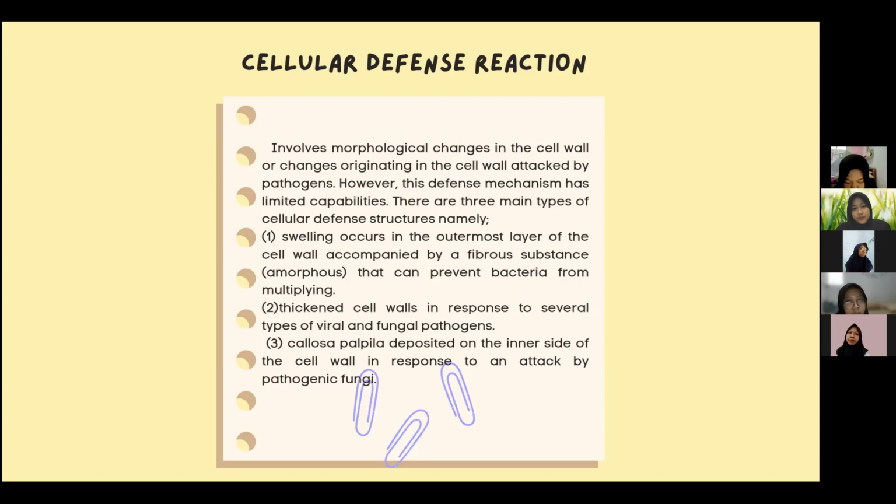Swelling occurs in the outermost layer of the cell wall, accompanied by a fibrous or amorphous substance that can prevent bacteria from multiplying. 2. Thickened cell walls in response to several types of viral and fungal pathogens. 3. Cellulose papilla deposit on the inner side of the cell wall in response to an attack by pathogenic fungi.